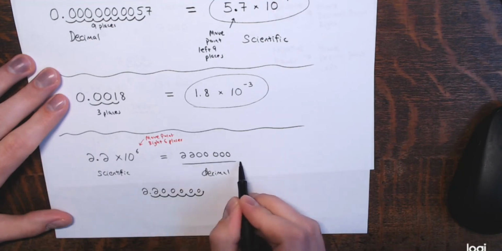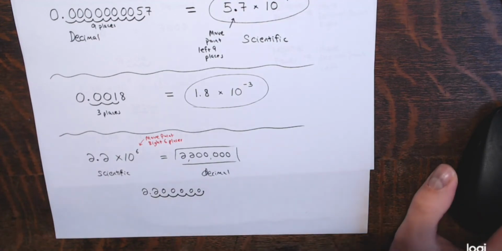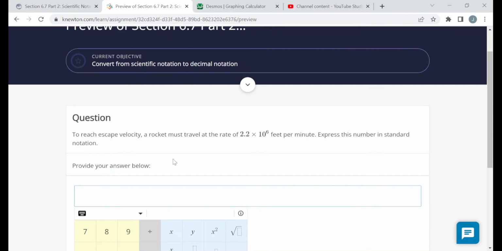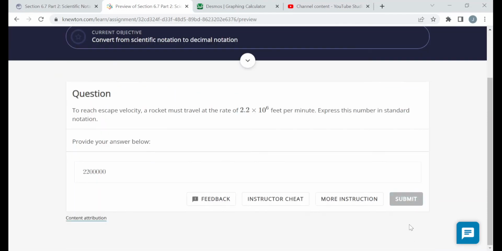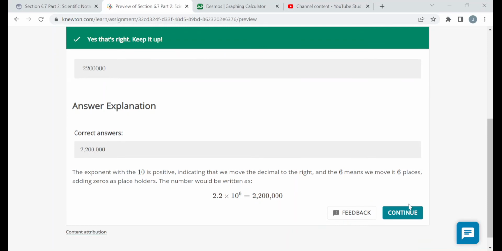That's the number in decimal form. 2,200,000 is the same as 2.2 times 10 to the 6th. And that's what I'm typing here. 2,200,000. Great.